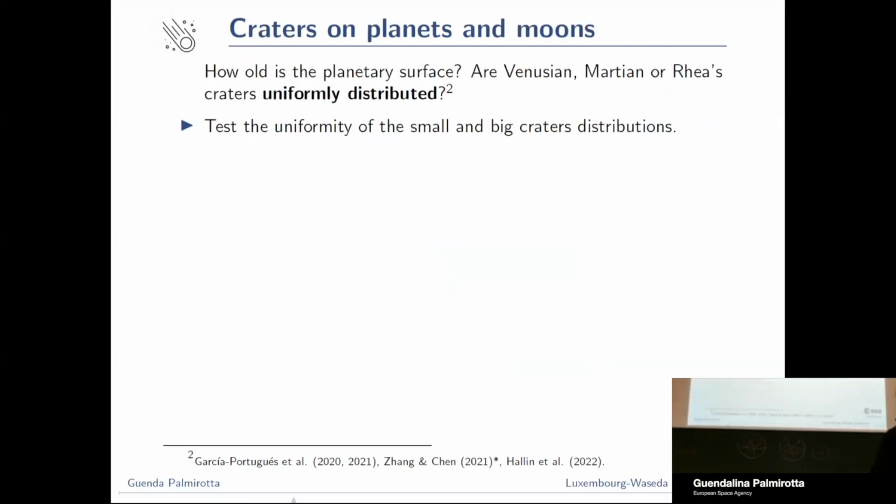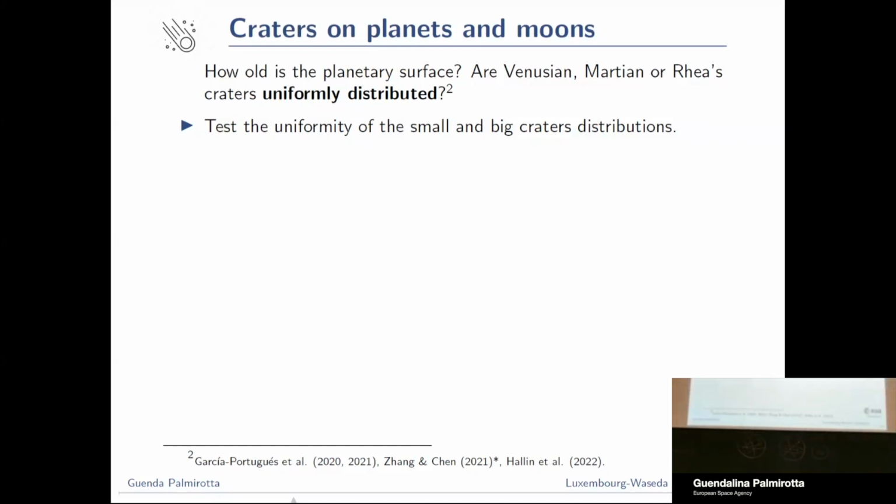Okay. It is the craters, for example, on planets and moons. And this is very important because it helps us to understand how old the planet or the moon is. It is by counting the craters that we can get more information about the surface of a planet, respectively of moons. And here it's the same.